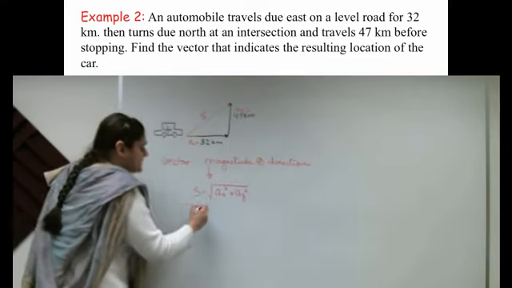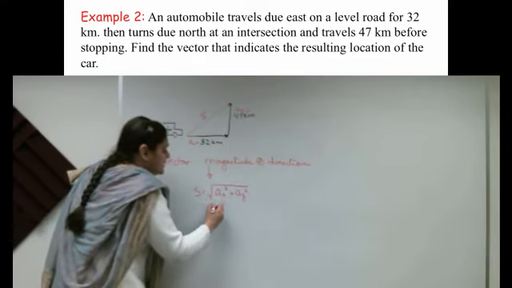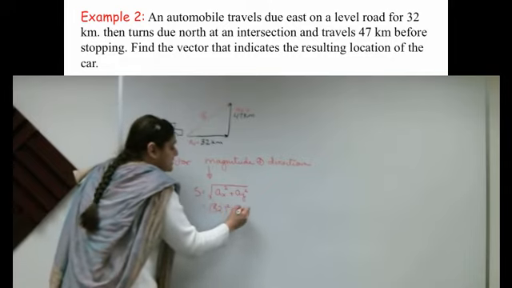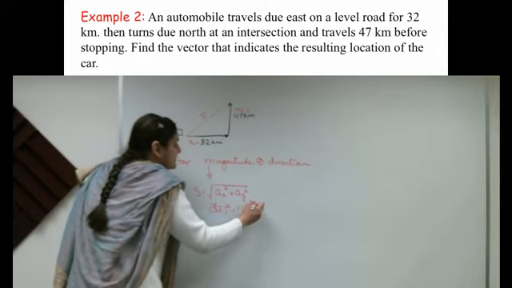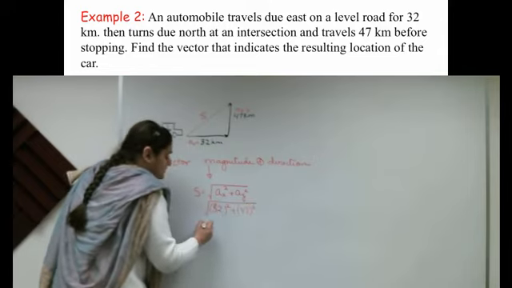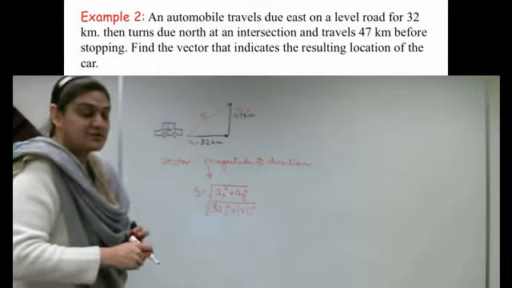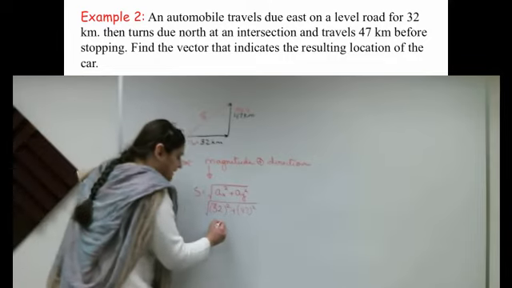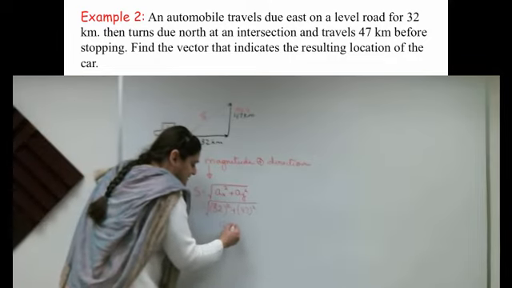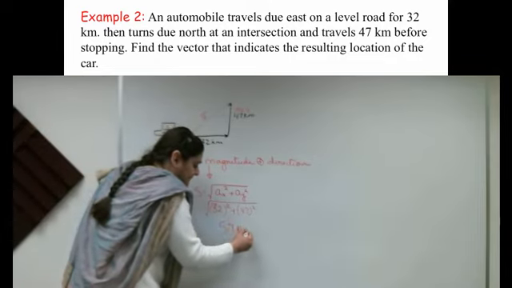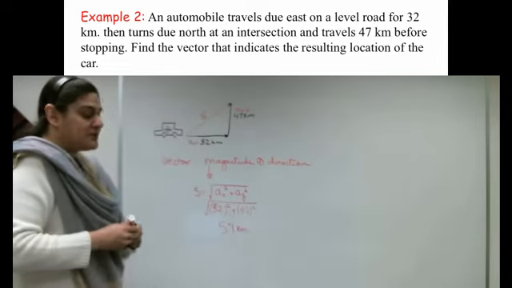This means I can plug in 32 squared plus 47 squared, square root. Get your calculators out, do a little bit of math, and what we end up with is about 57 kilometers.